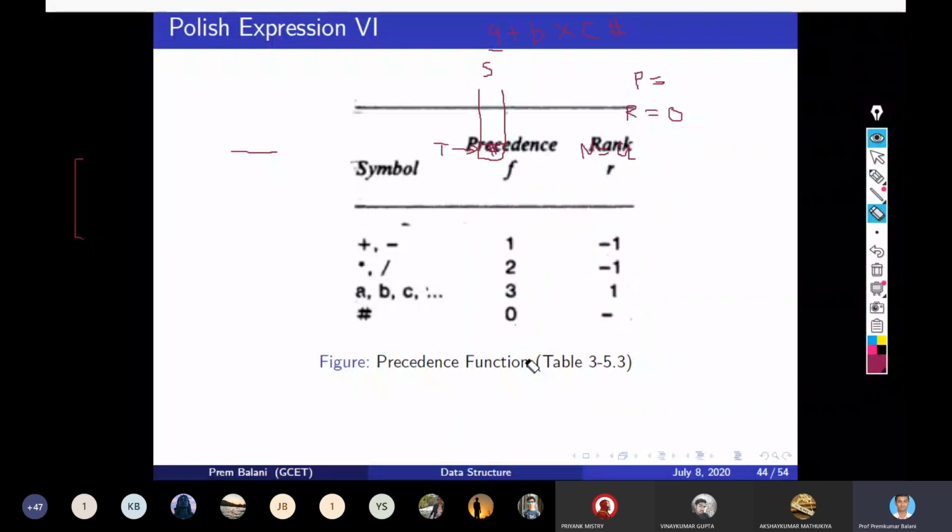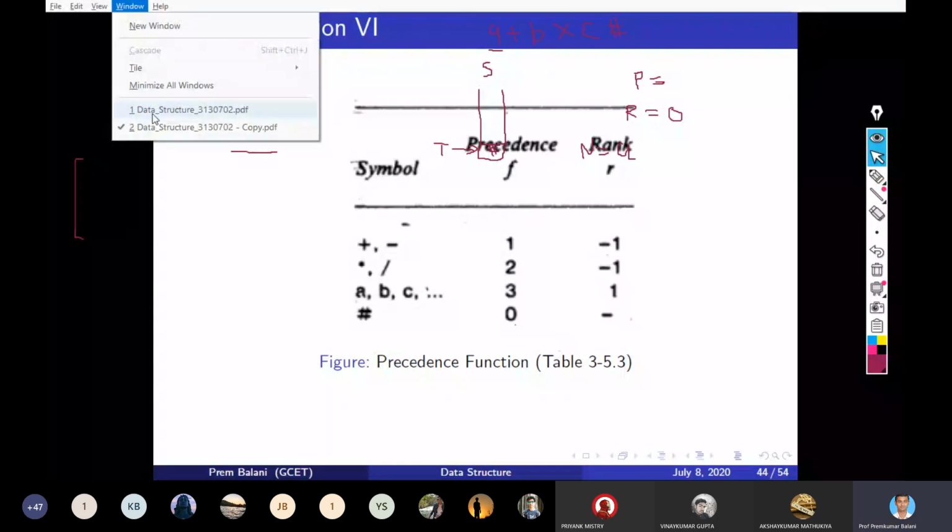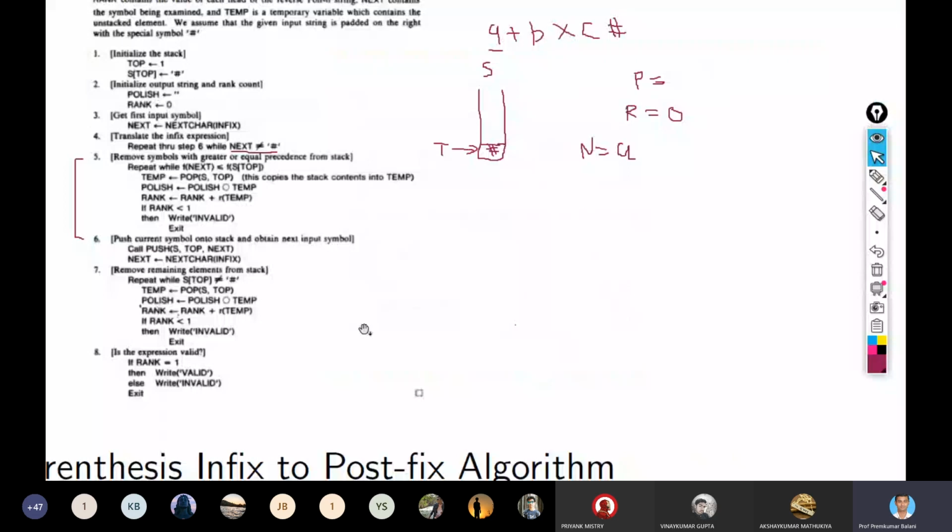So now f of next, next is a, so f of next means 3. Is 3 less than or equal to f of hash, 0? No. So we are not going to repeat this loop. Then we go to step 6.